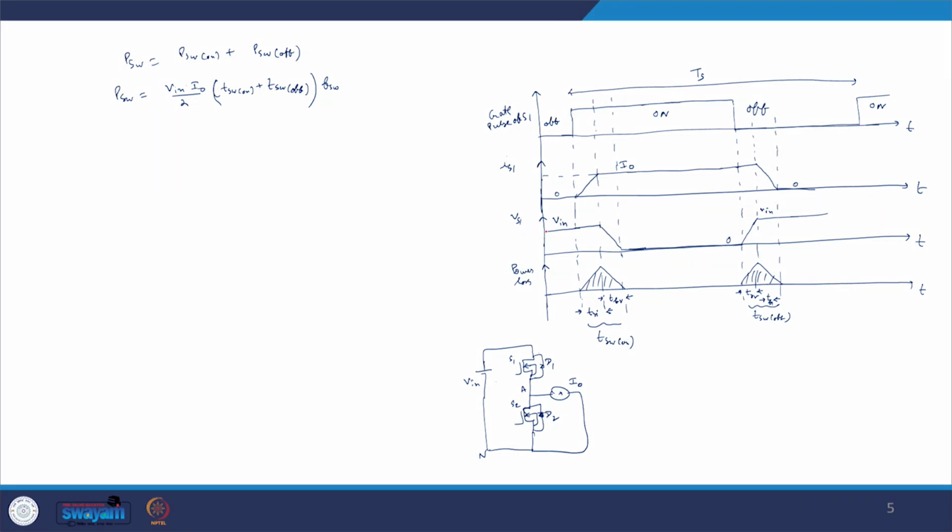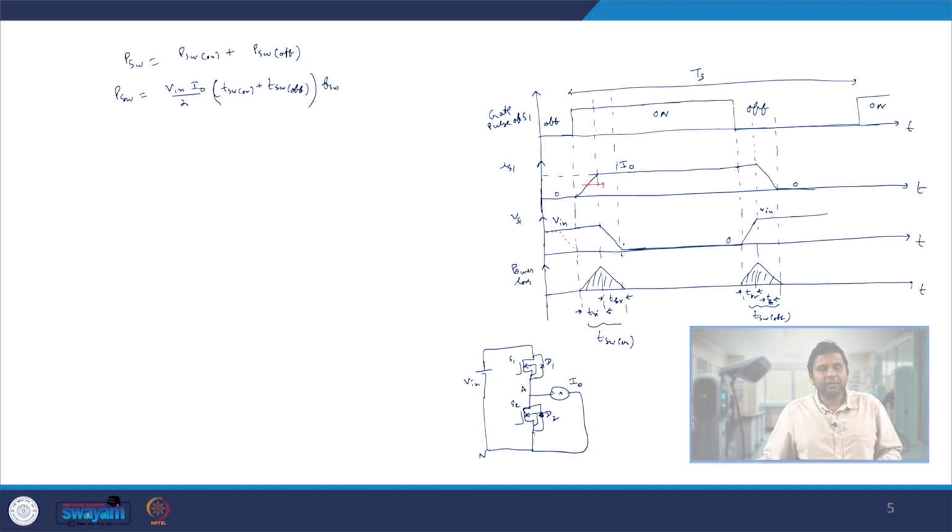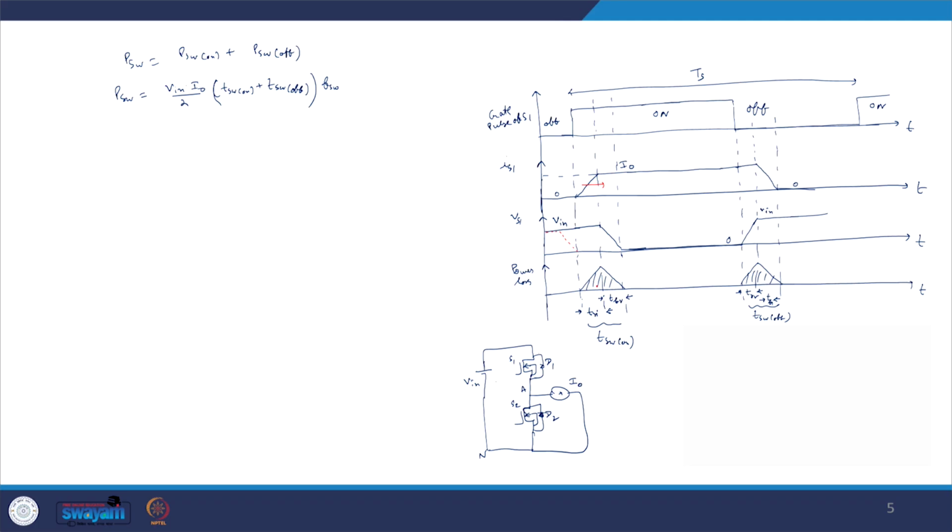Now let us see how we can do that, during the turn on period of S1. Since I naught is 0 beforehand, if I can somehow ensure that this voltage goes to 0 before the current starts rising, then I can ensure there is no power loss during this time. Similarly, if I delay my I naught rising in such a manner that it occurs after the voltage falls, then also I can avoid any overlapping.